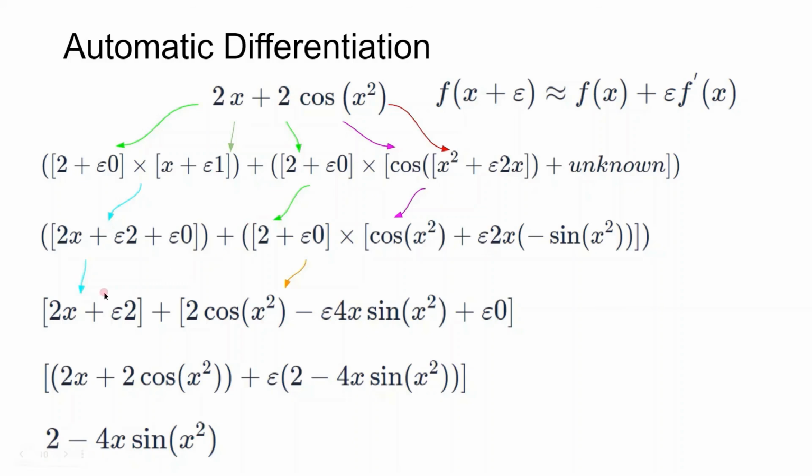Then the next step is to carry out simplification, basically multiplying and adding all these terms together, and in the end we end up with a single dual, and you can see that the first term on the dual is the term we started out with, and the second term is our derivative, and that is what we're interested in, so we discard the rest and keep the derivative.